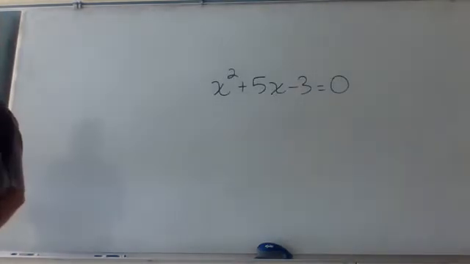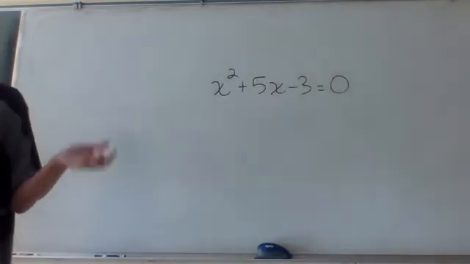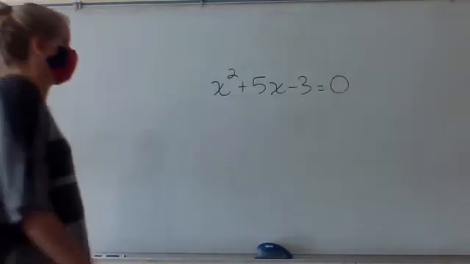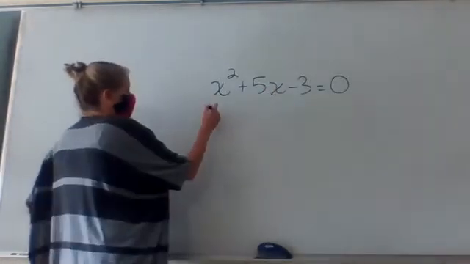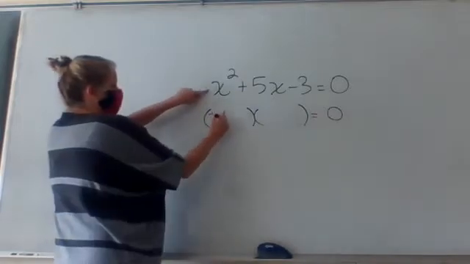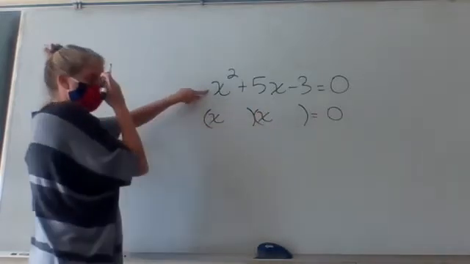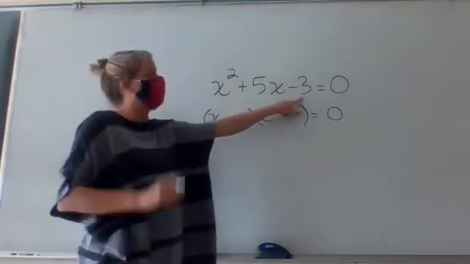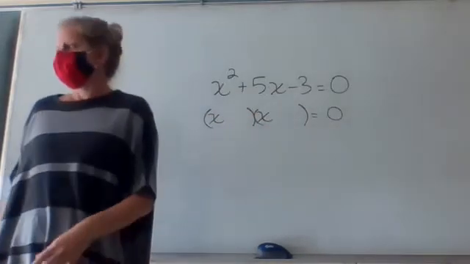Now, don't even write this down. What happens if you try to use the method that we used on the other problems that we've solved so far? Again, don't write this. You would start off with x and x for x squared. But then remember, you'd have to find numbers that multiply to equal -3.